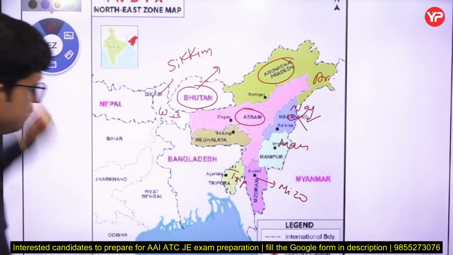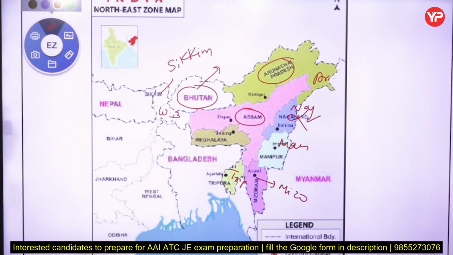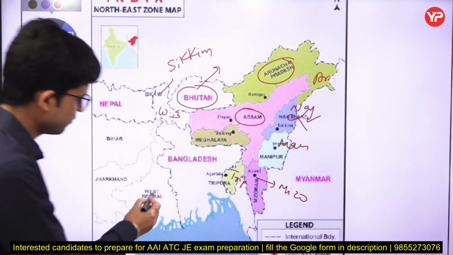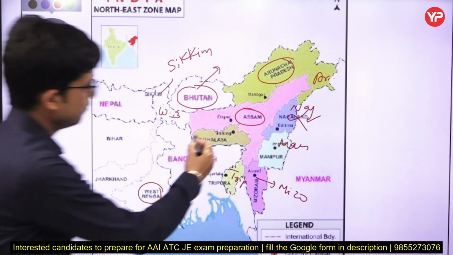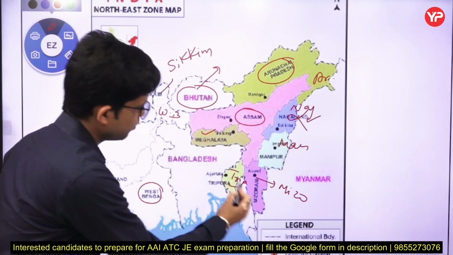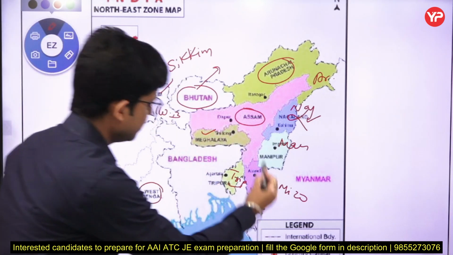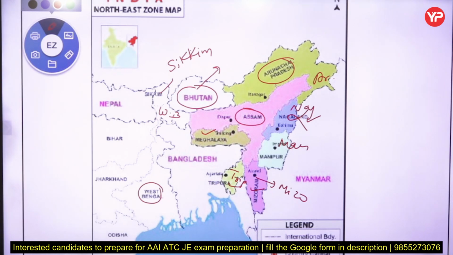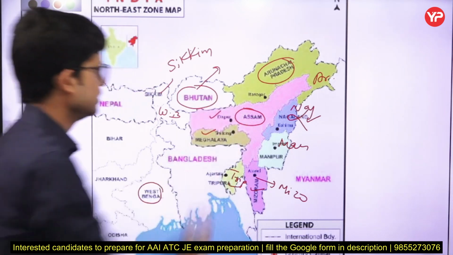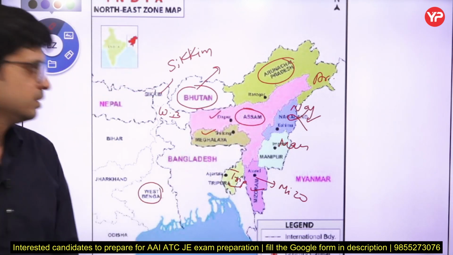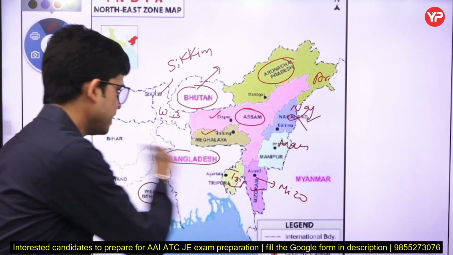Okay. So if we see Bangladesh, which states of India does Bangladesh make a border with? That is West Bengal, Meghalaya, Tripura, Mizoram and Assam. These are the states making a border with Bangladesh.